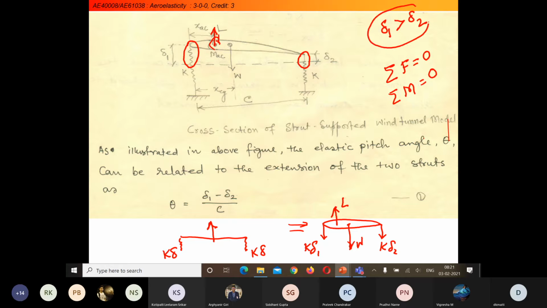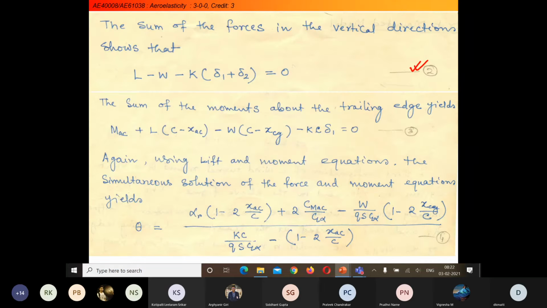It will be as per our configuration, because the aerodynamic pressure is acting towards the leading edge, because it is at the quarter chord point. That's why I am saying the force shared by the leading edge spring will be higher, and the trailing edge spring will be lower. And that's why I am getting this reaction force.